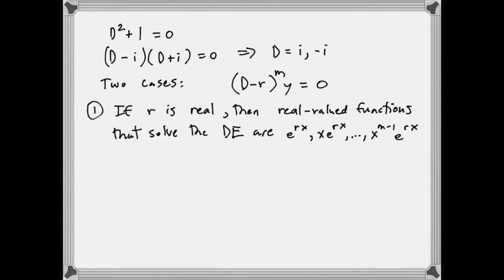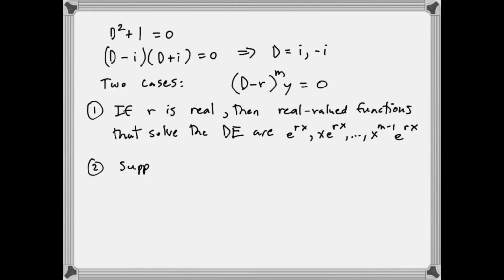So if r is real, then you get, of course, what we talked about. Now, what about the second case? What about if r is a complex number? So case 2. Let me back up here. If r is complex, let's let r equal a plus bi.